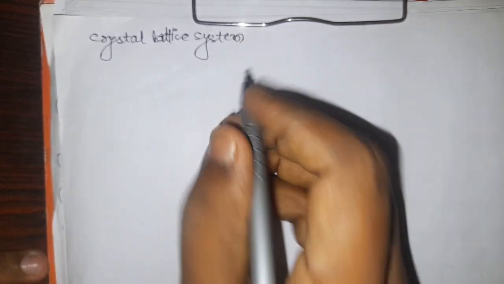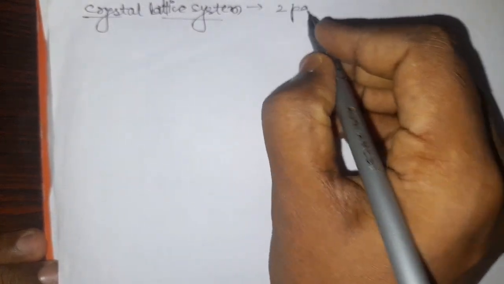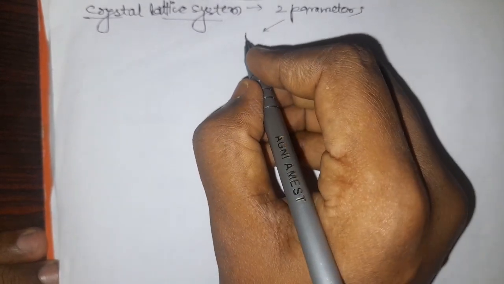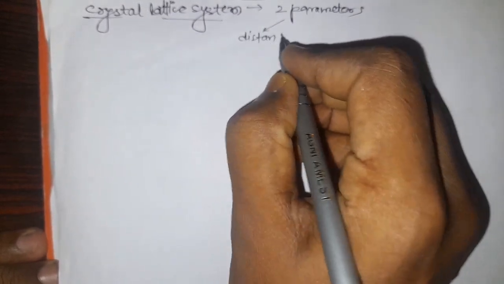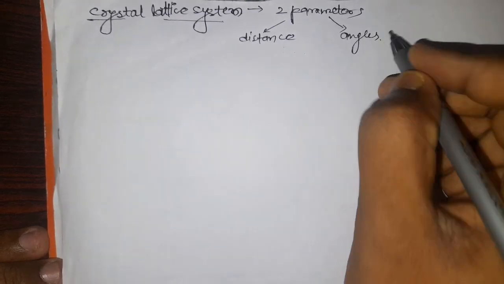Now let's start the crystal lattice system. Here are two parameters that we have to consider. First one is the distances between the unit cell atoms, and the second is the angles between the unit cell atoms.